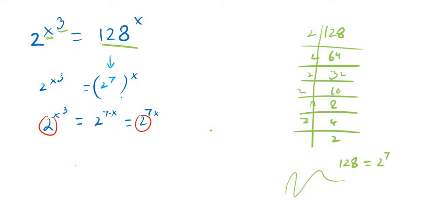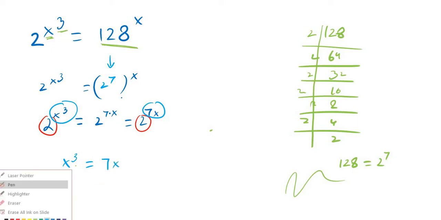When I have the same base, I can just neglect the base and directly compare the powers. So you can directly compare x raised to power 3 with 7x.